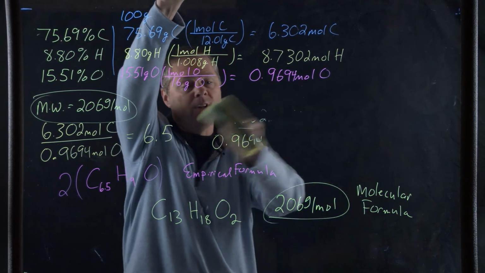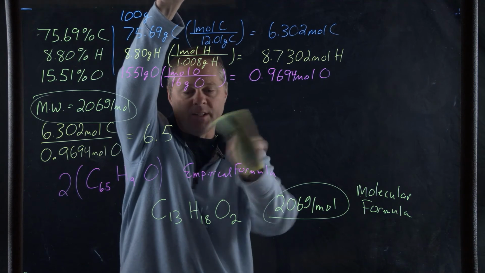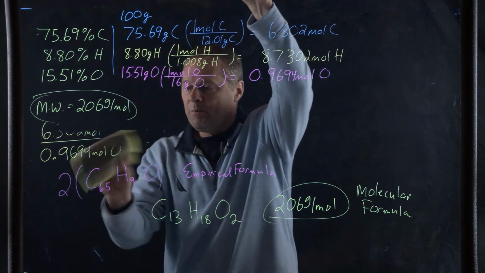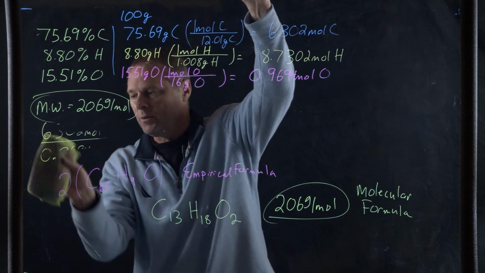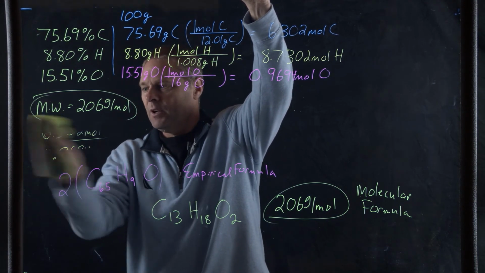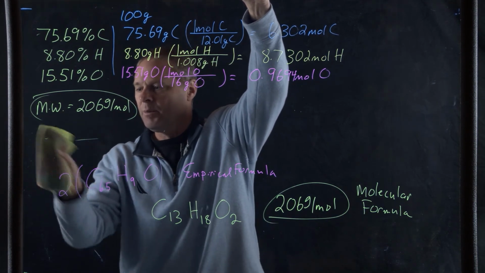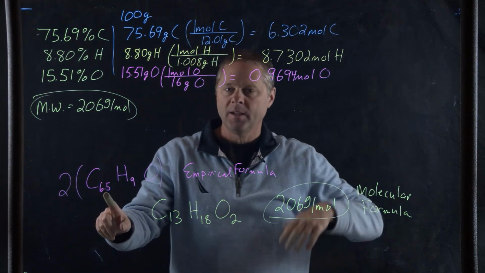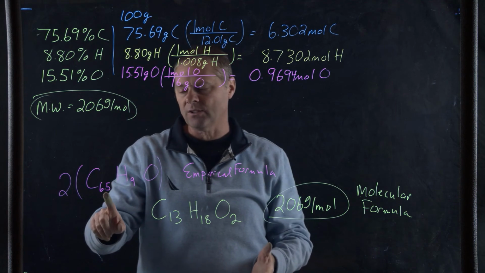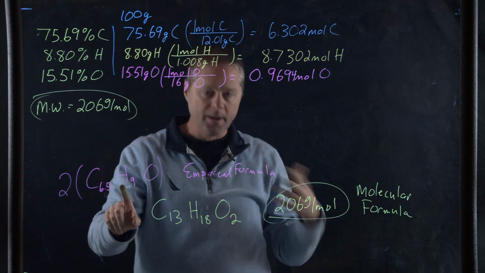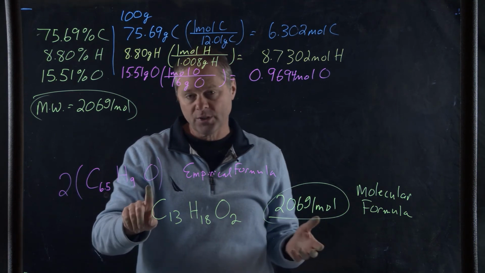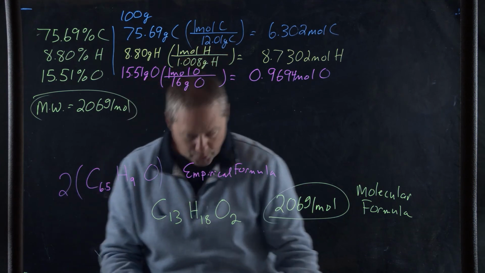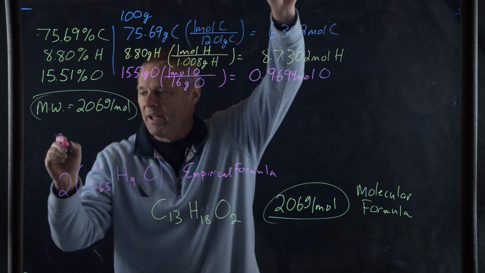Another way we could have done this very easily is by determining the molar mass of the empirical formula: 6.5 times 12, the molar mass of carbon, plus 9 times 1, the molar mass of hydrogen, plus 16, the molar mass of oxygen.